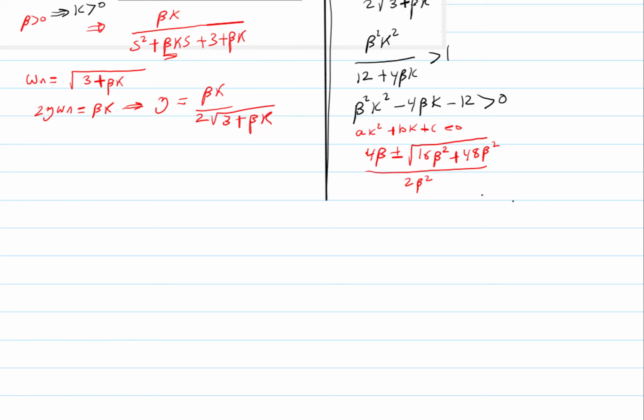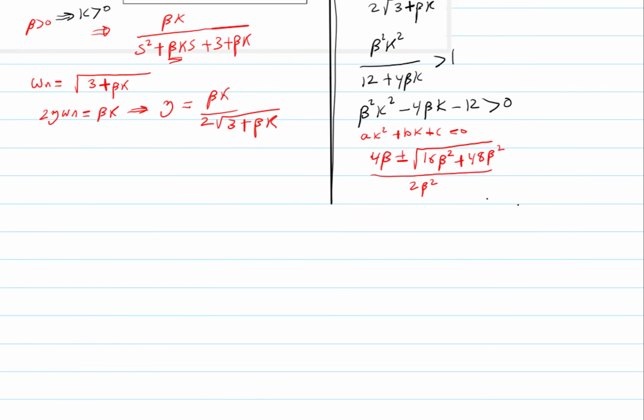So simply here we have two roots: 4 beta plus or minus the square root, which will be 64, so 8 beta, over 2 beta square.